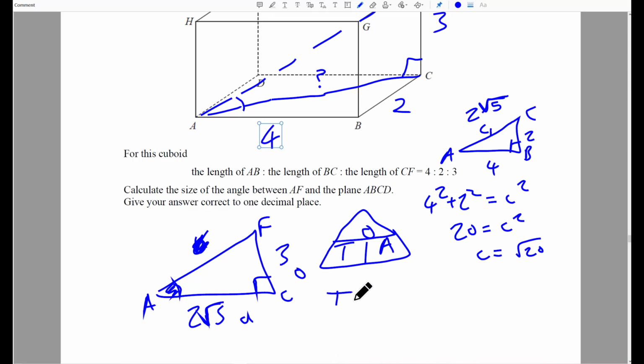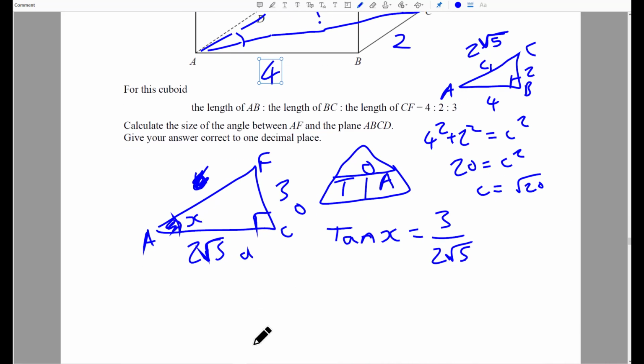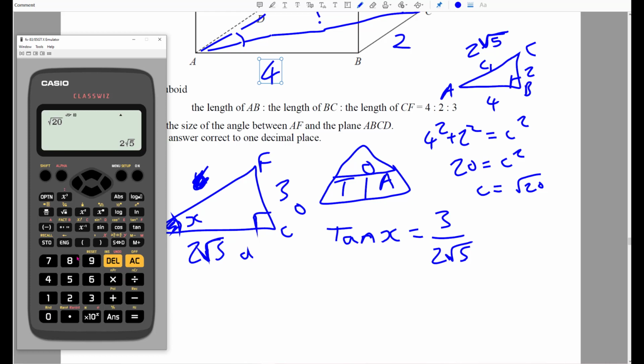So we use TOA. I'm going to call that x, so tan x equals 3 over 2 root 5. So we want to use a calculator.